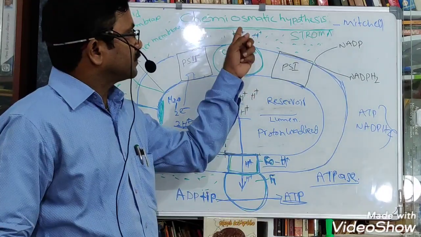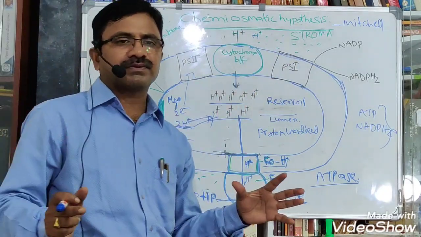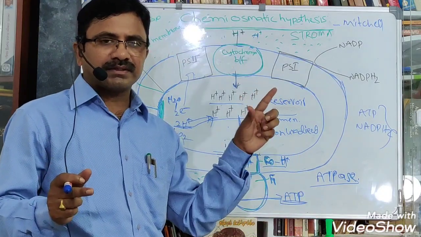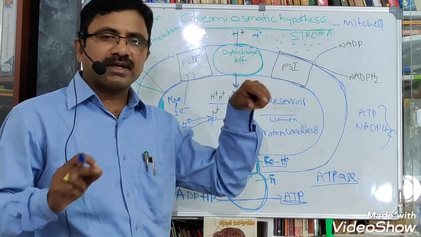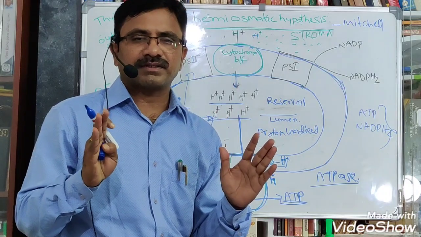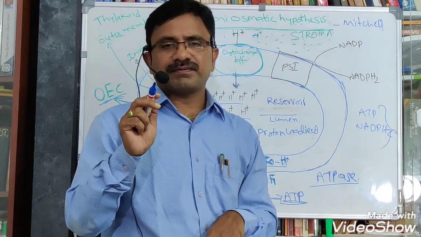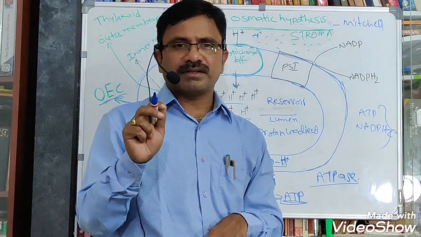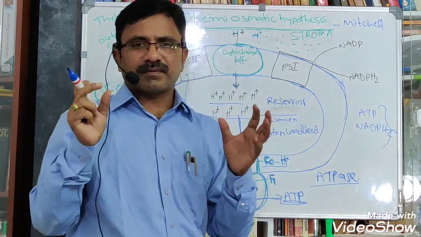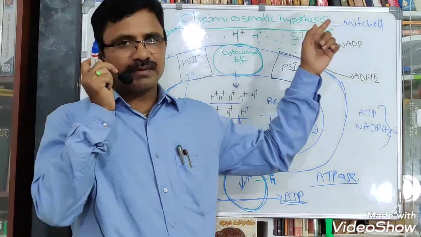So this theory states that proton gradient is the driving force for the formation of ATP. The chemiosmotic theory is applicable in photosynthesis as well as respiration, the most important biochemical reactions. In both cases, the synthesized ATP is known as the cell currency, the bioenergy. So ATP formation takes place according to the chemiosmotic hypothesis.